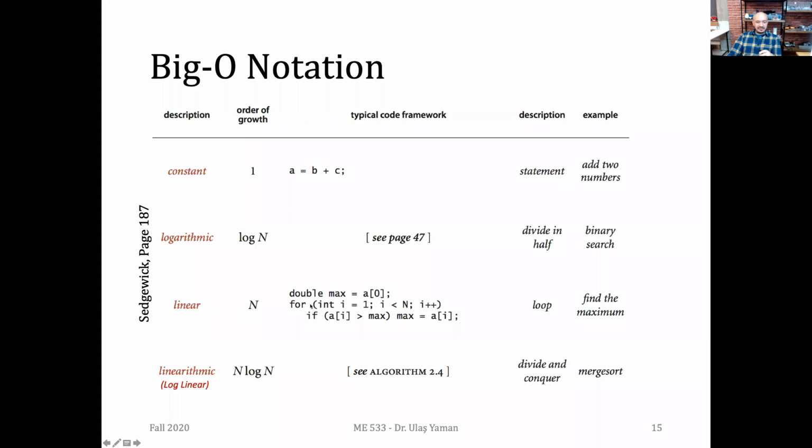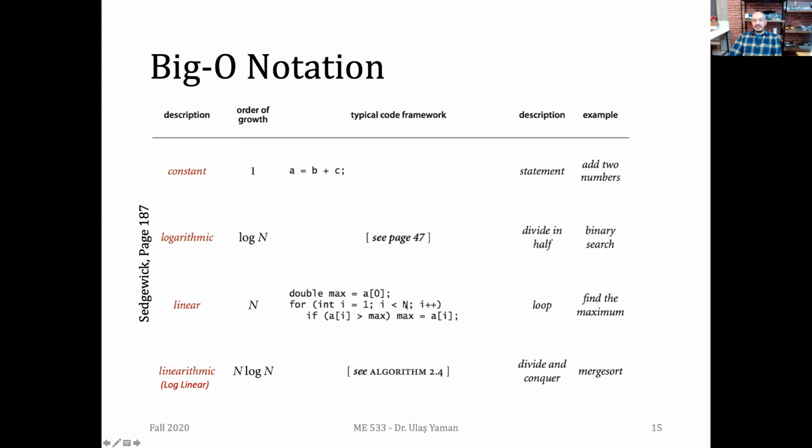Then we have the linear time complexity. This is not a difficult one. It's a very straightforward one. If your number of computations depends on the size of the input, then that means probably you have a single loop, and we can say that it has a linear time complexity. As you see here, n is our input, and this for loop will run for n times.